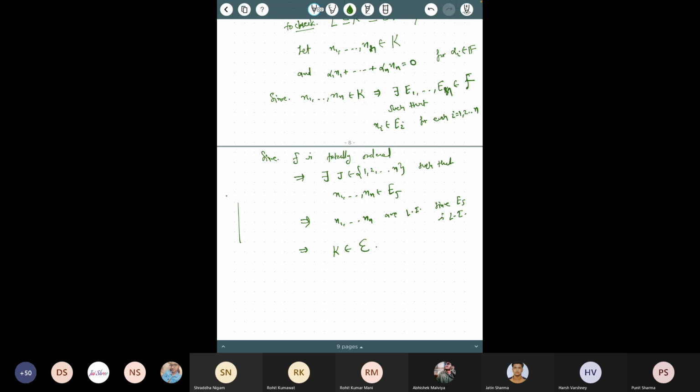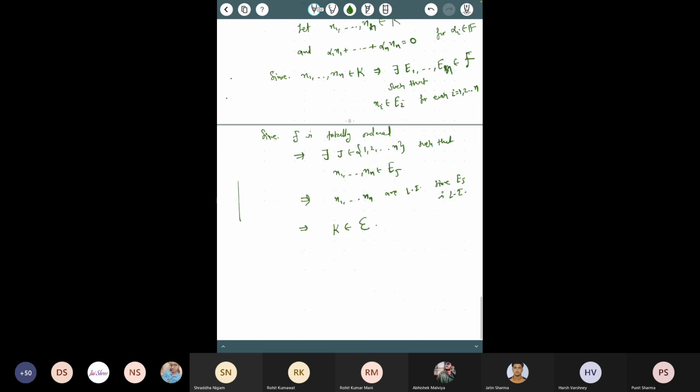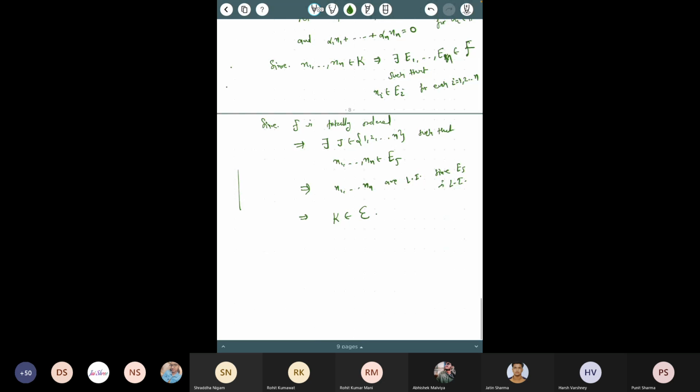Now can you say that this K is an upper bound for F? Just use the definition of upper bound. So this implies that K is an upper bound for F in this poset.